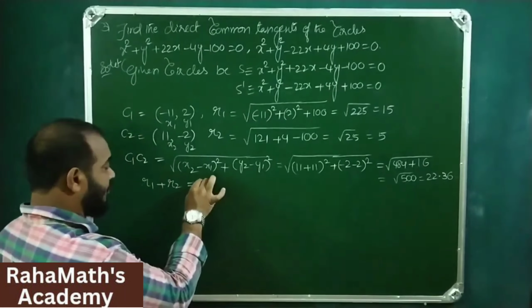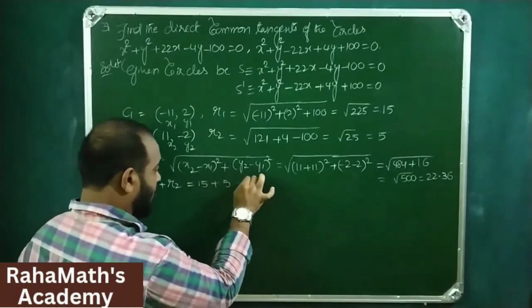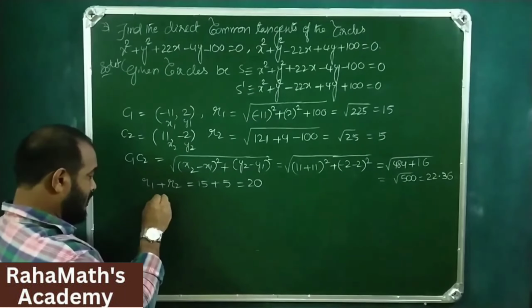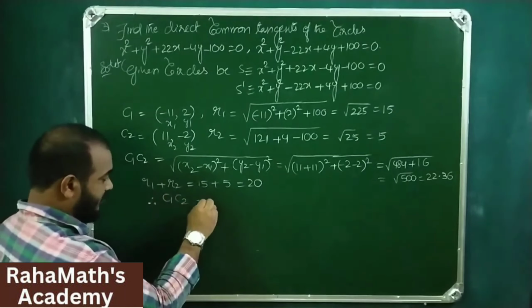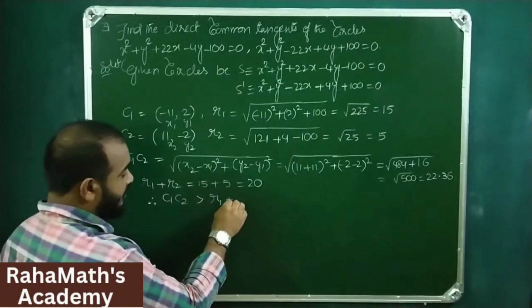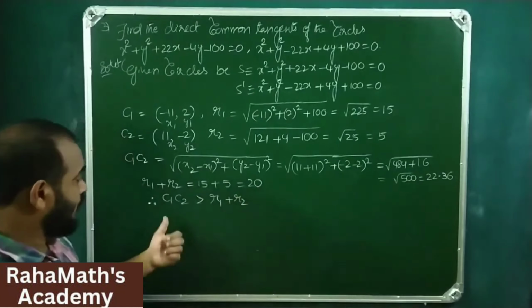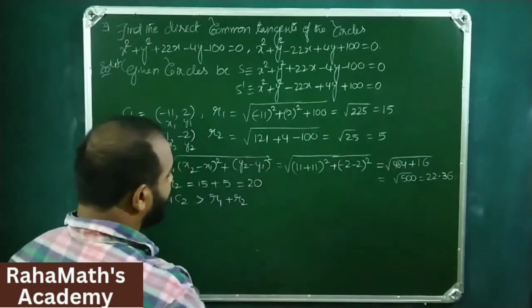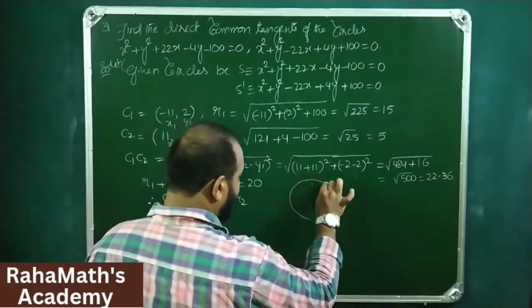Now what is R1 plus R2? R1 plus R2 is 15 plus 5, which is 20. Therefore C1C2 is greater than R1 plus R2. So 22.36 is obviously greater than 20. So the relative position of the two circles will be like this.